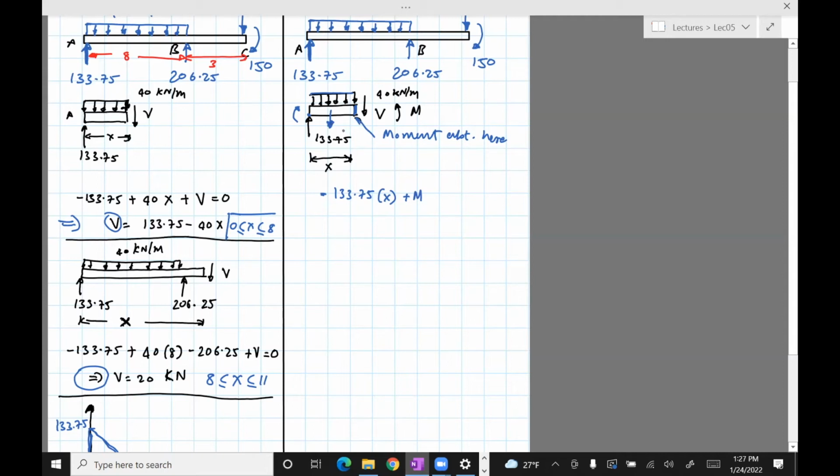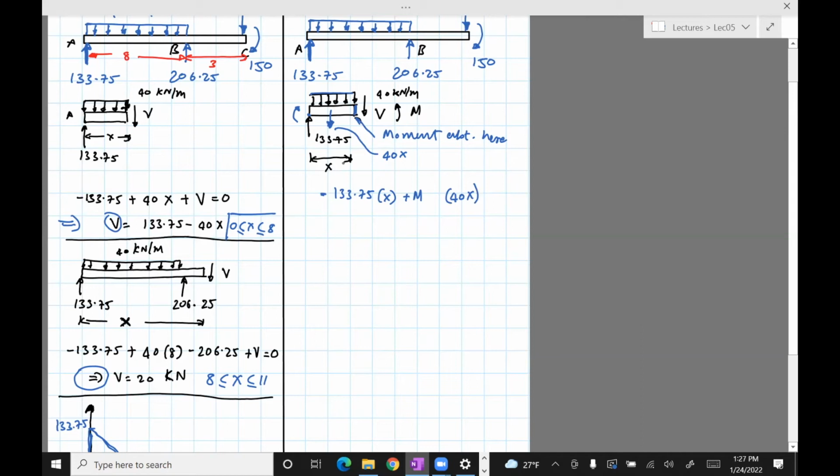It's going to be at a distance of x divided by 2 from the left, also x divided by 2 from the right. The value of this force is going to be 40 times x.